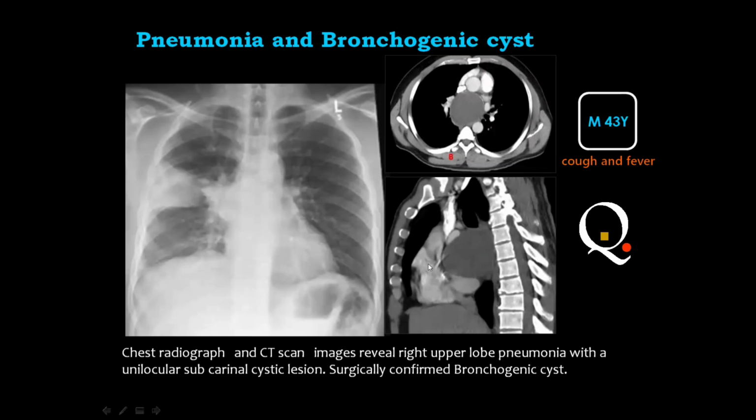But whenever the cyst is located in a typical location like this, exactly in the carina, you should say first that this is a bronchogenic cyst. Whenever you are asked about the differential diagnosis, you say this may represent an esophageal duplication cyst.